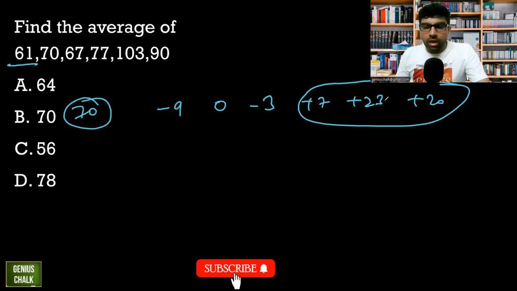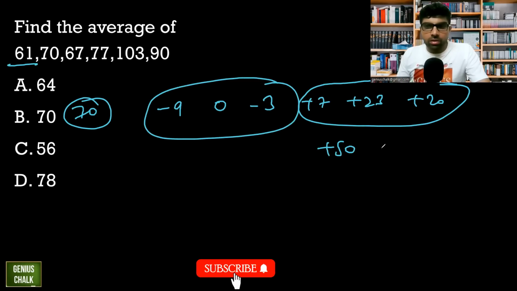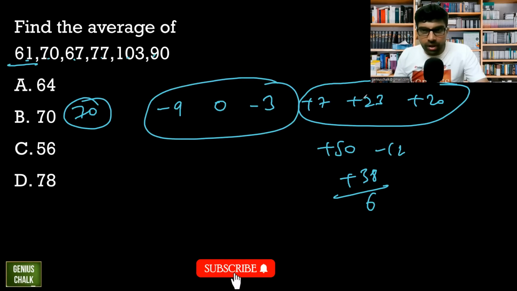So 30 plus 20, 50. So plus 50 and this is minus 12. So plus 38 is the sum. These are for 1, 2, 3, 4, 5, 6. 6 numbers. 70 minus 9, 0, minus 3, plus 7. This is 33, guys. So 33 to 60 minus 12. So it's 60.